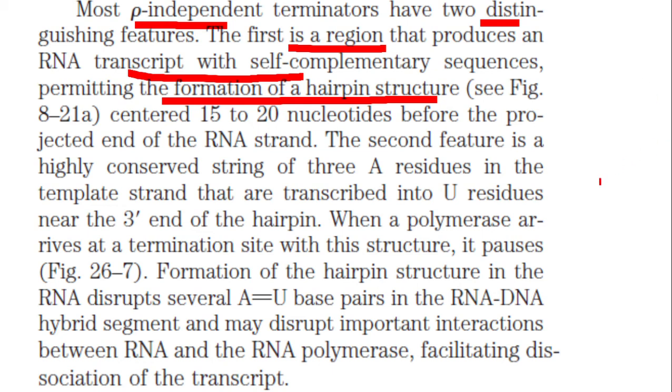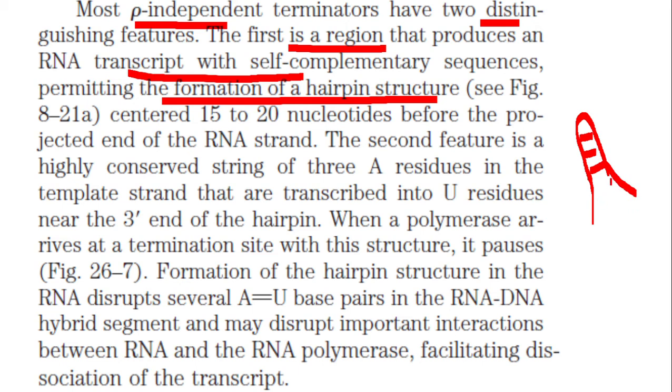There is a segment on the RNA produced. Now a new segment is created which is complementary to the previous section. And when two complementary strands of nucleic acid come together, you know that they will base pair. So when they are base pairing like this, it is something like a hairpin.